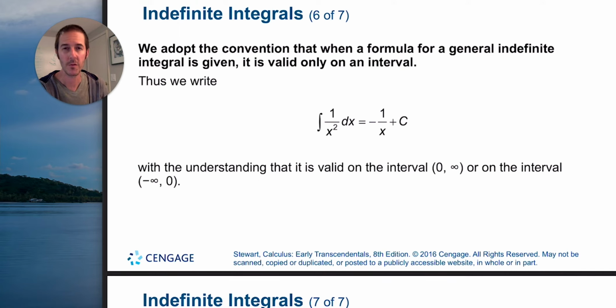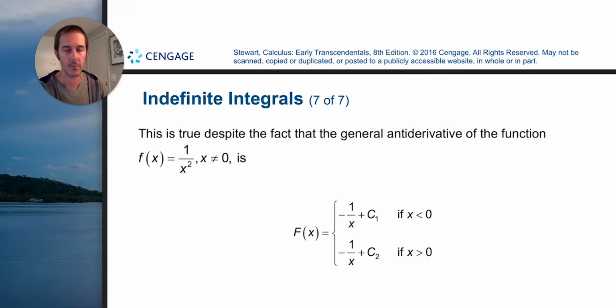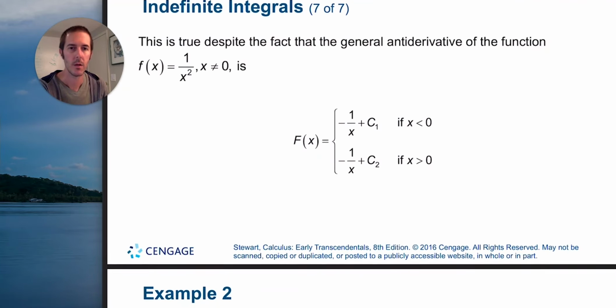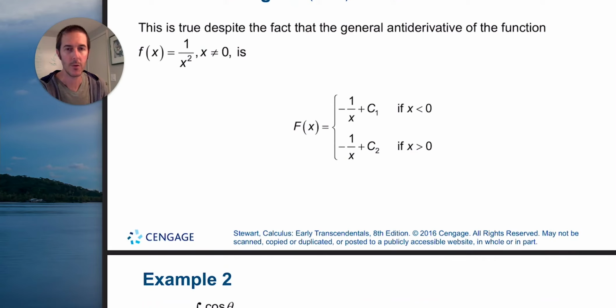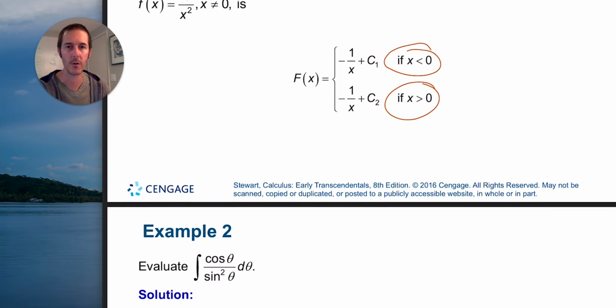Sometimes you won't see the domain written explicitly, but for example, that particular function, 1 over x, if you were going to be as thorough as possible, you would probably want to express it as a piecewise function so that the integral was defined on the portions of the real number line where the function's actually defined. So we don't want to be using an x value of 0, so we're using x values less than 0 and greater than 0.